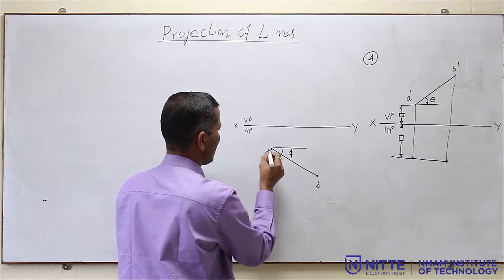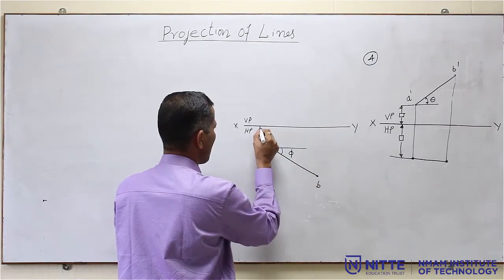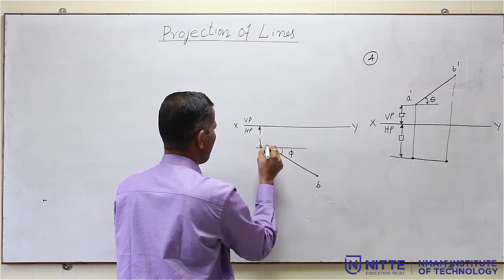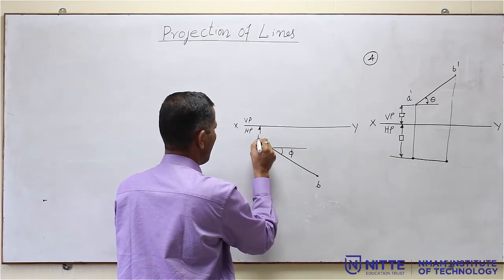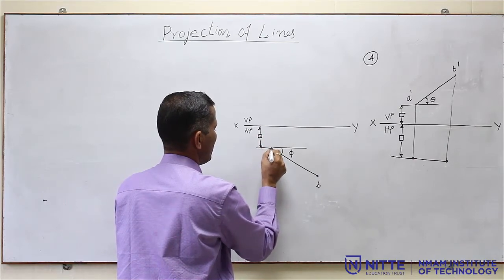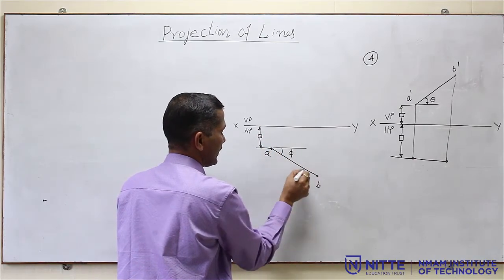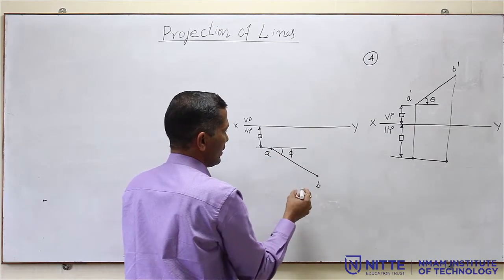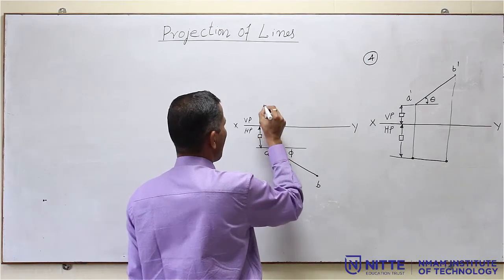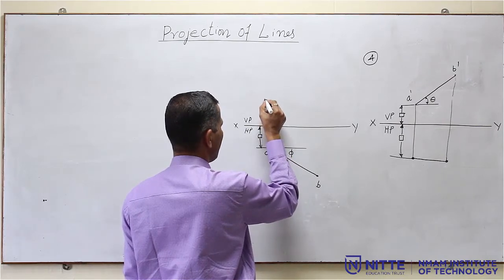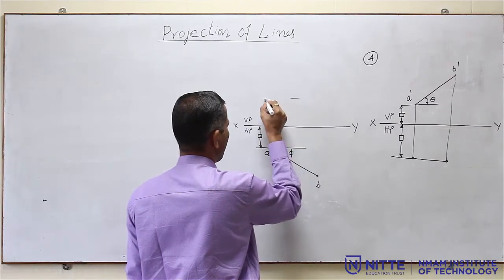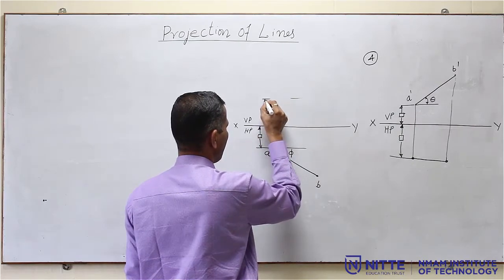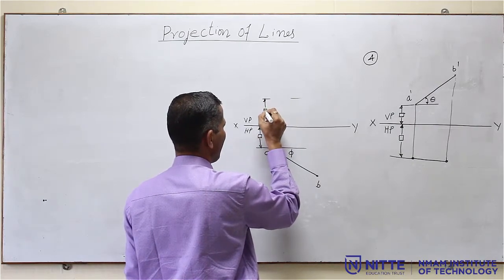Top view is the true length, and this distance will be given in the problem. From here you draw that 30 degree or 45 degree, whatever angle is given, the phi. Then above HP how much they will give in the problem. 40 mm, not degree, 40 mm above HP means this is 40.